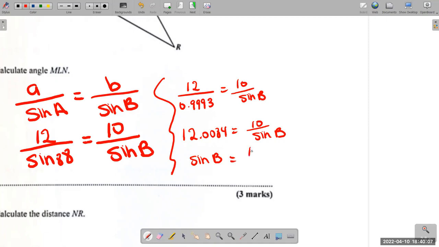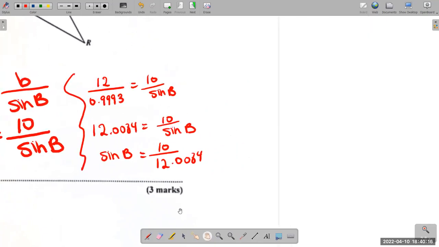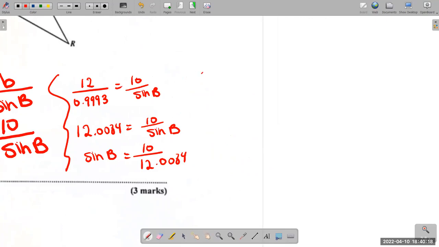So sine B is going to become 10 over 12.0084. Let's go, calculator people. So sine B is equal to what? 0.8327.